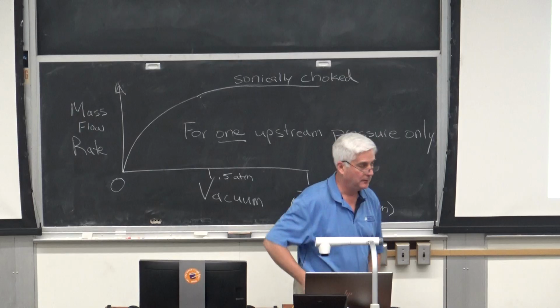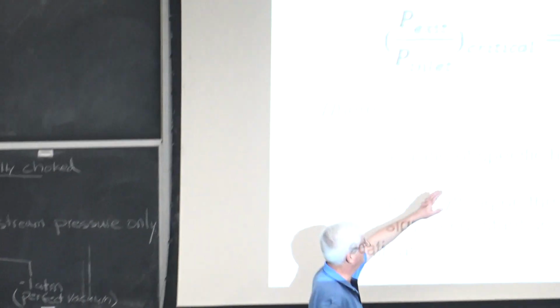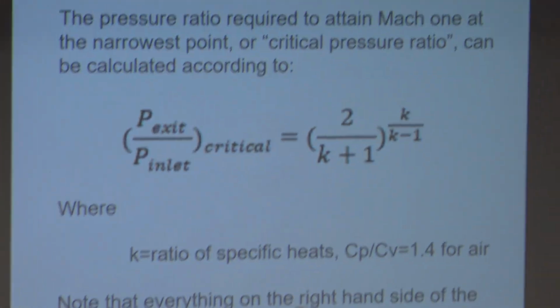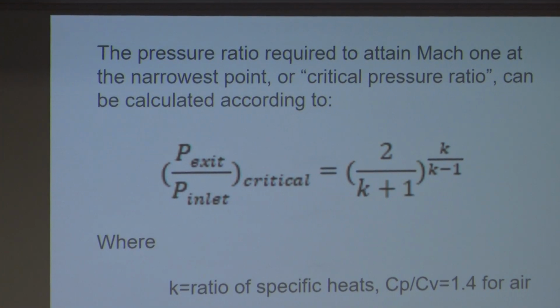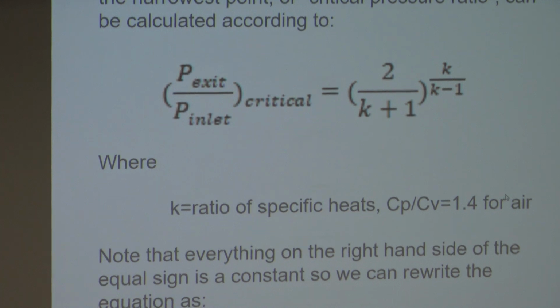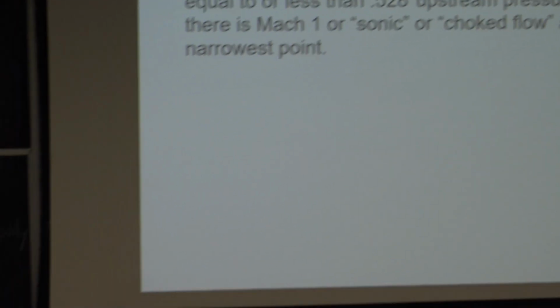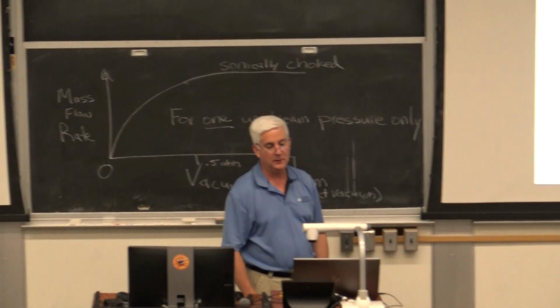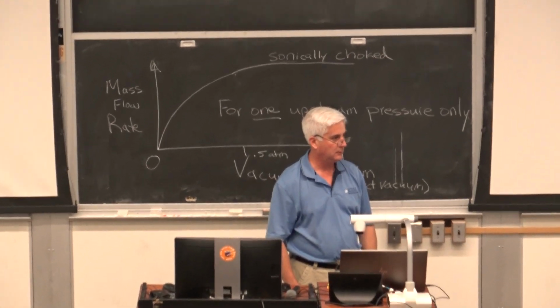All this jazz over here is a constant. So what we can do is do a little substitution since we normally play with air. And you come up with P exit over P inlet equals 0.528.